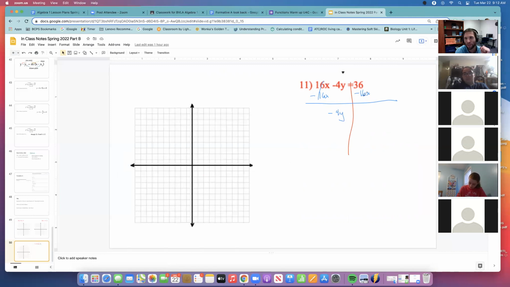Hey, do we ever put 20x? Is this ever going to be 20x? Ever, ever, ever? No, it'll never be 20x, guys. Please do not do that. These are different terms. Negative 16x plus 36. I've not even had to break out a calculator yet.